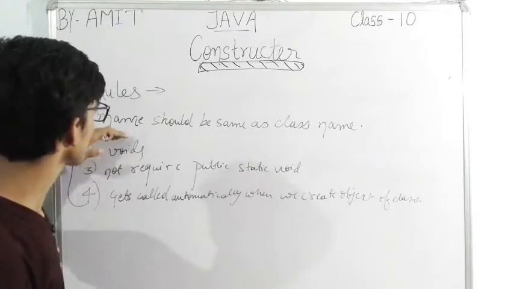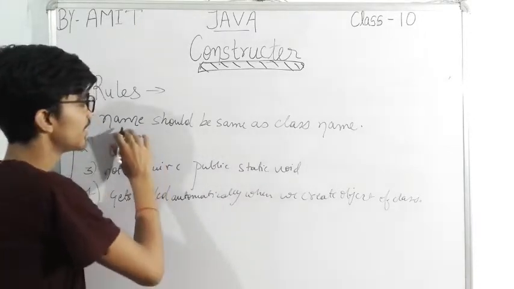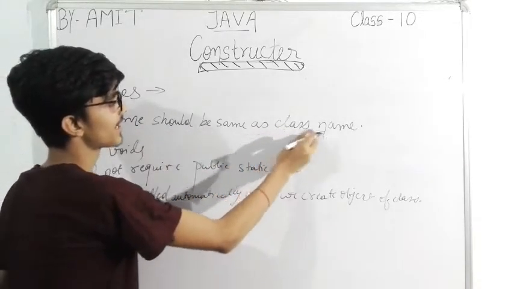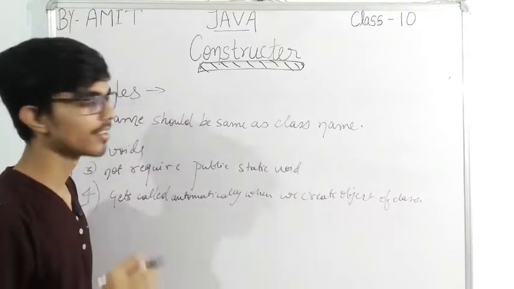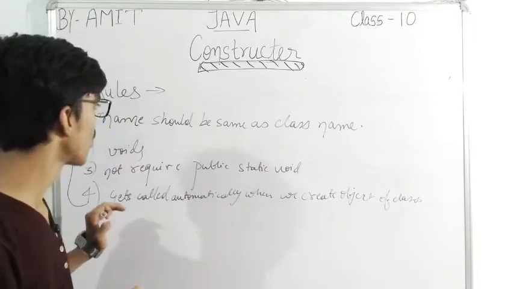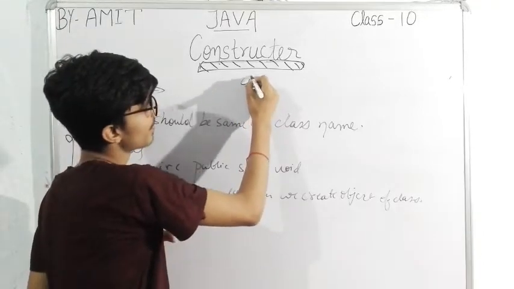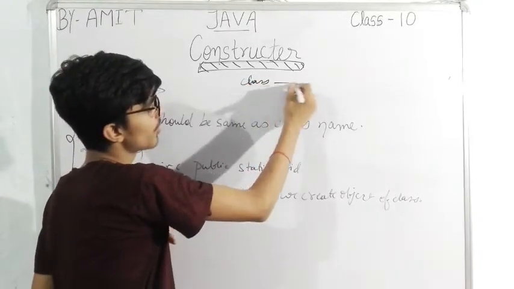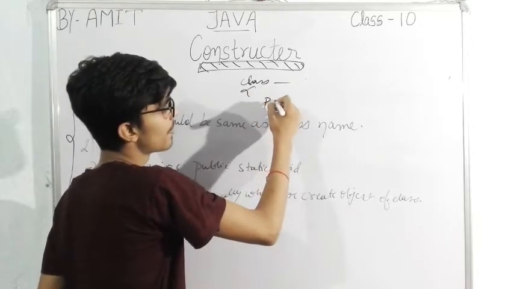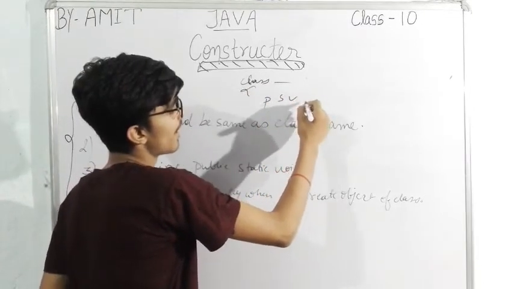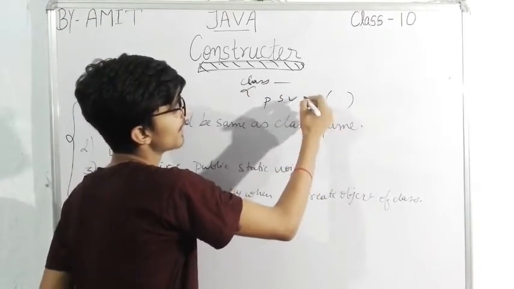So first, the name should be the same as the class name. Before, when we wrote functions, the class name was something else, and we wrote public static void and some other name here.